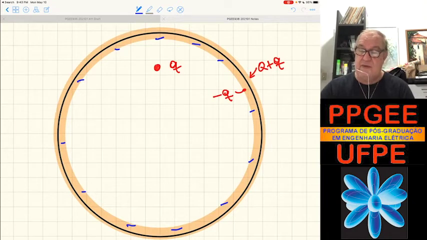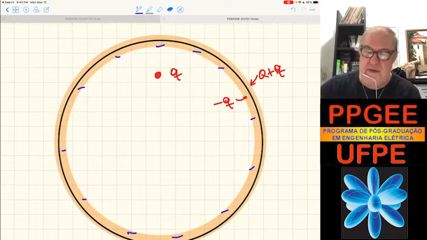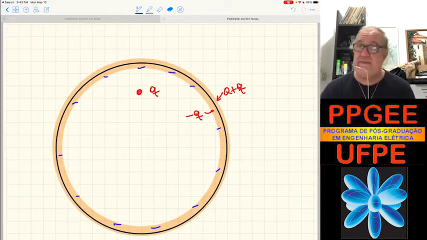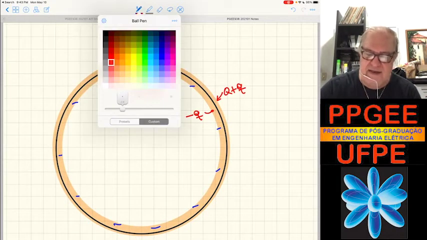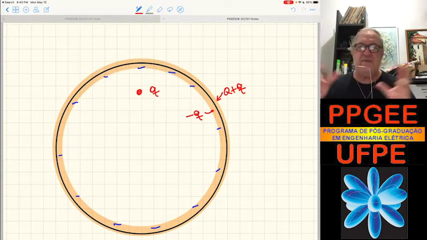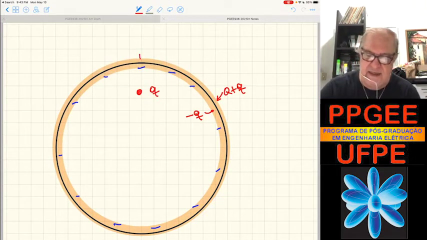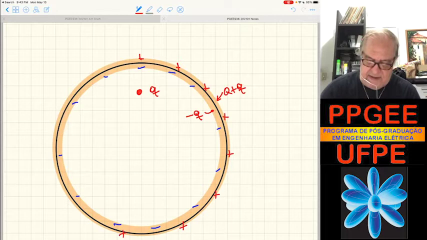The total charge outside is capital Q plus lowercase q. But the charge outside is always uniformly distributed, because the problem outside has no relation with the problem inside. So that's again shielding, right? You have an effect, but it's that true uniform distribution that doesn't move around like the one inside. So outside I have a uniform distribution, which is not connected to anything that happens inside.